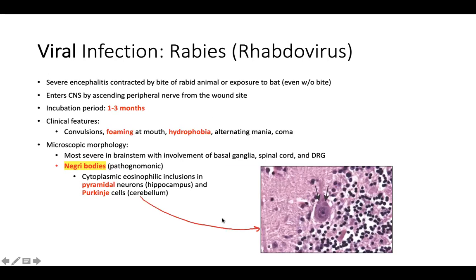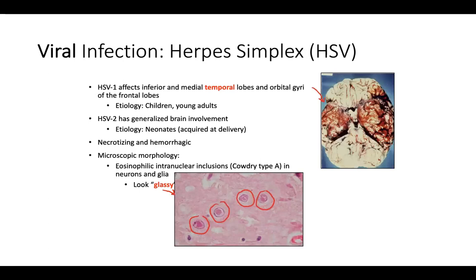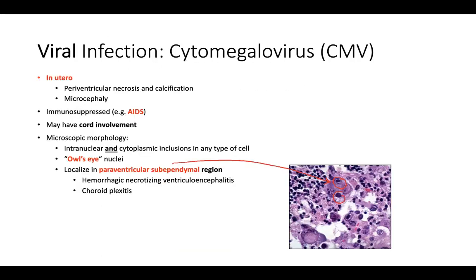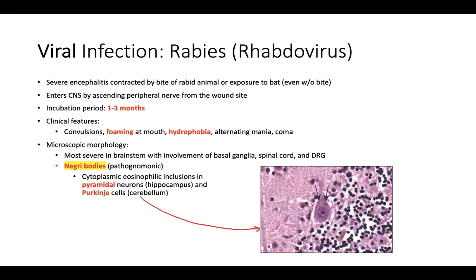Okay, rabies is going to have our Negri bodies. If you've noticed the pattern, all of these have their own named things. Herpes has Cowdry type A, glassy looking bodies. CMV has the owl's eyes, and rabies has Negri bodies.